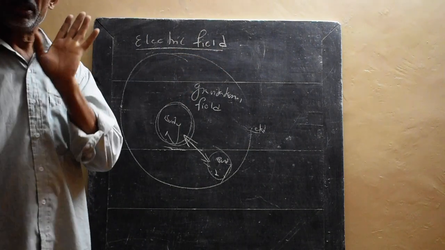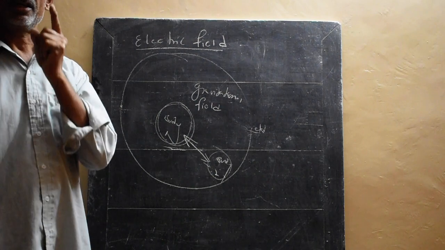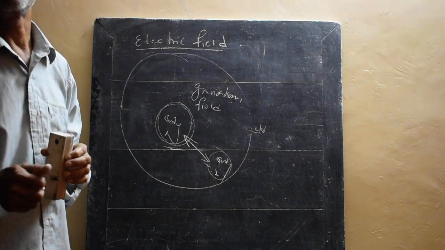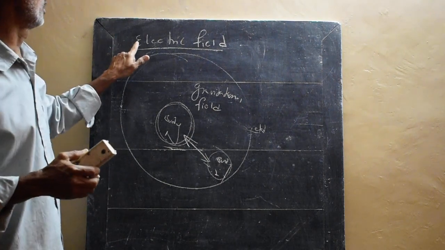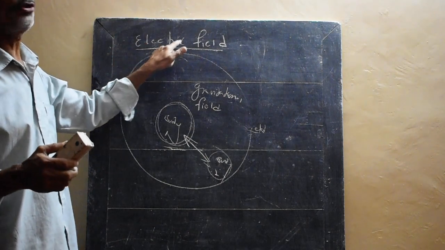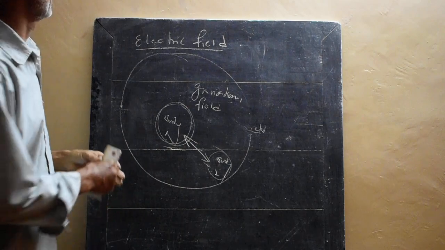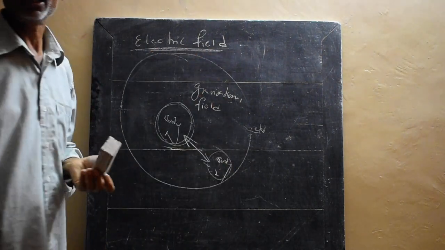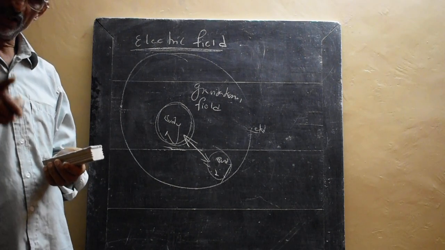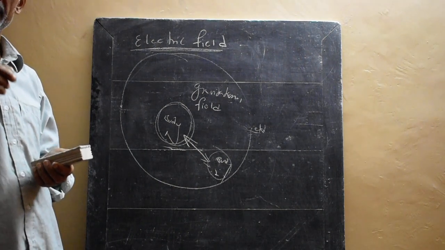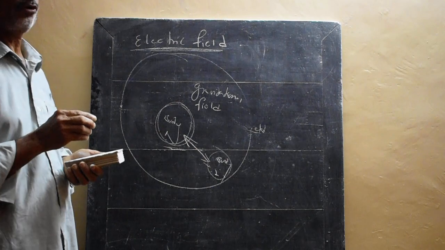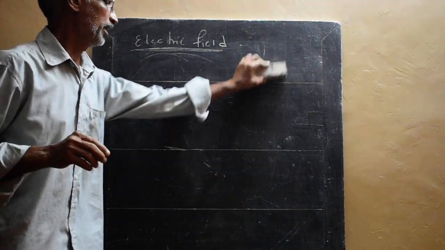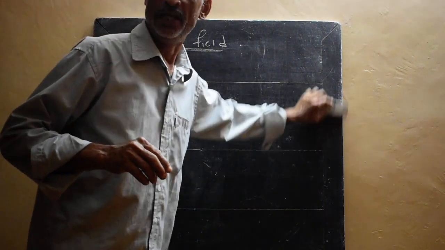But for the time being, in this section, let us consider only the electric field due to a static charge. That field is properly called the electrostatic field, but hence onwards we will simply call it the electric field.